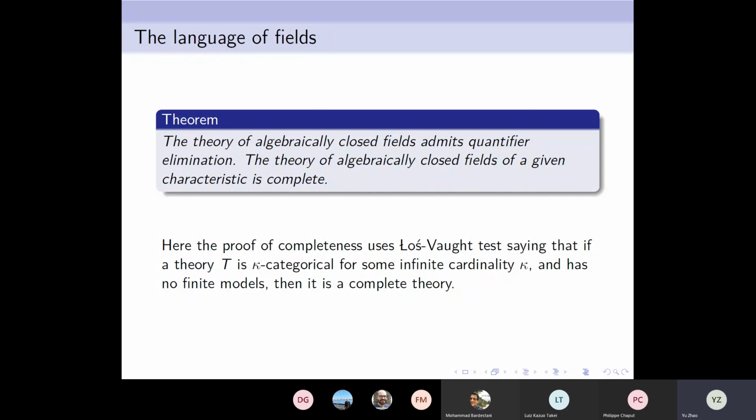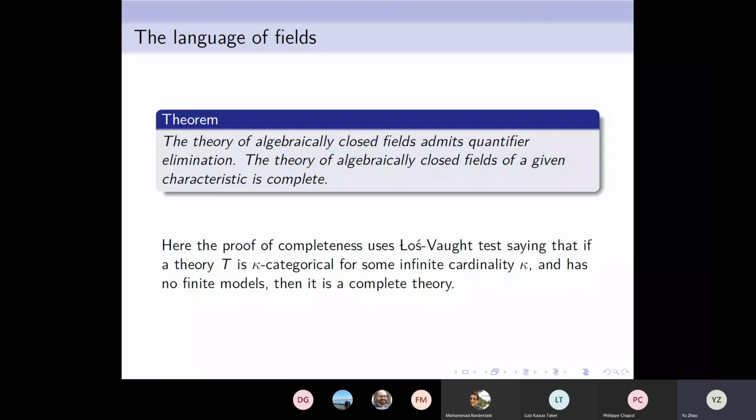The proof of completeness uses the Łoś-Vaught test, saying that if a theory T is kappa categorical for some infinite cardinality kappa, where categorical means that any two models of T with cardinality kappa are isomorphic, that is, unique up to isomorphism, and if the theory has no finite models, then it is a complete theory.